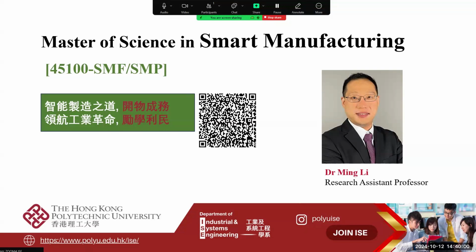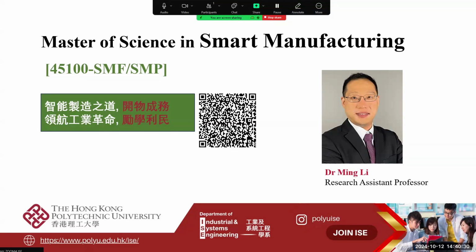Actually, this is a new master program launched last year, to respond to the university's initiatives on smart manufacturing. Our department is one of the largest in the university, and we have many years of experience in the manufacturing industry. But Hong Kong is not an industrial city, so the approach changed.